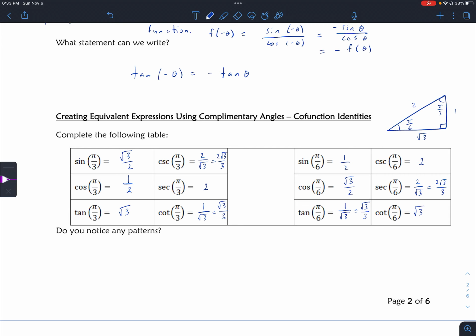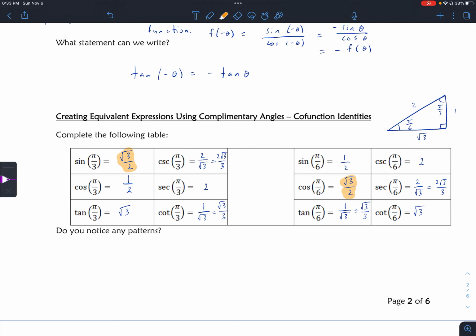Okay, so taking a look at this table, do you notice any patterns? Are there any formulas that we can write? So there are. You might notice that, for example, some of the values are the same. Sine of pi over 3, this value here, root 3 over 2, is the same thing as cosine of pi over 6.